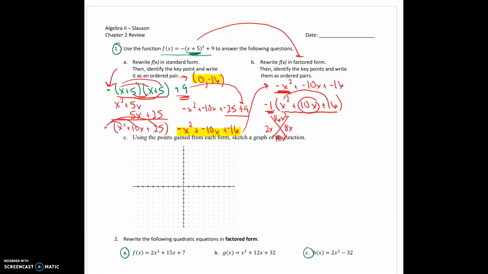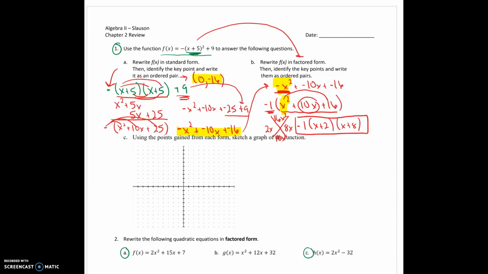It's easy factoring because it is just x squared. Had I left it as this would not be easy factoring. But because I factored out the GCF and I have x squared, I can do x plus 2 and x plus 8. And they can join my GCF of the negative 1 that I took out already. So when I'm done, this is factored form.